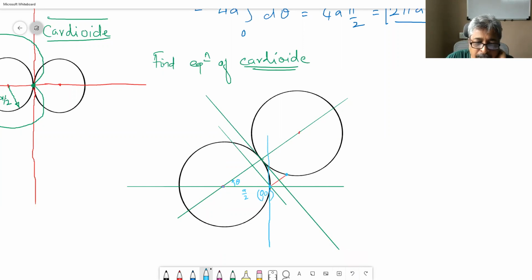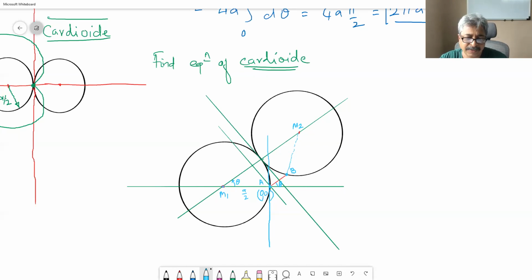Okay. Now the line joining the centers has moved theta degrees. That means this line is also at theta degrees, because this is going to be an isosceles trapezium, M1, M2, B, A. Therefore this line is going to be parallel to this line.